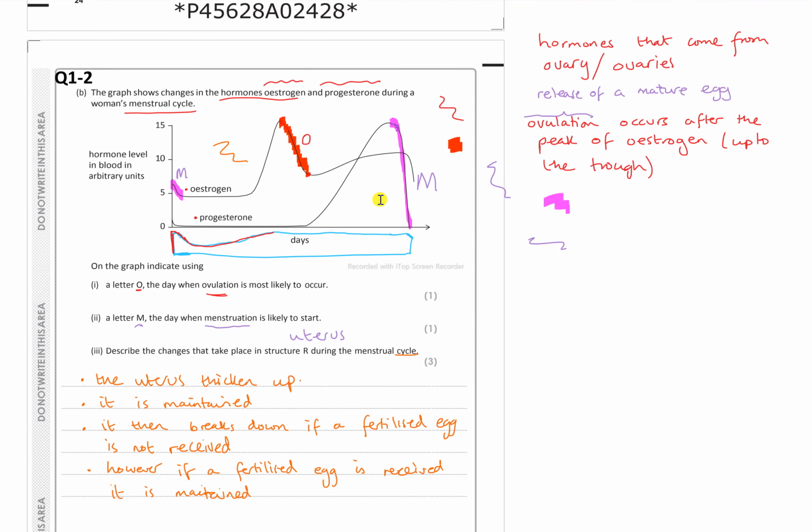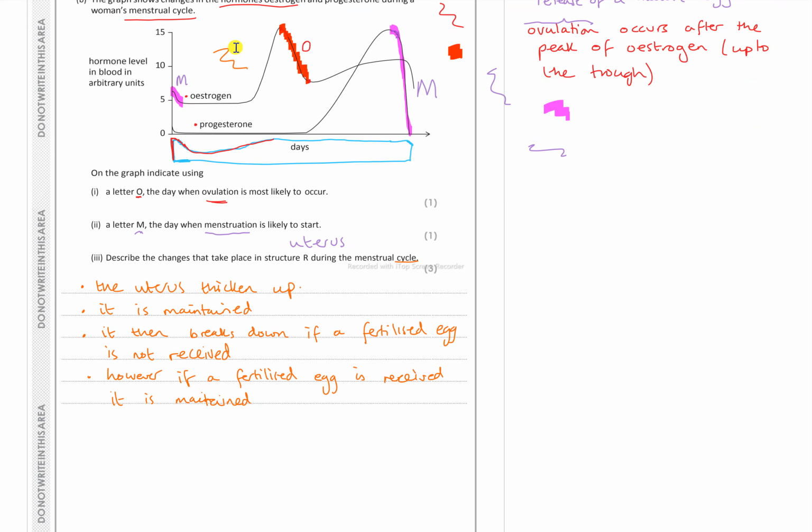Right, that was a tough one, but anyway, try to learn the cycle. I, for the life of me, cannot put it into memory. I know it for 2 days and then I forget.